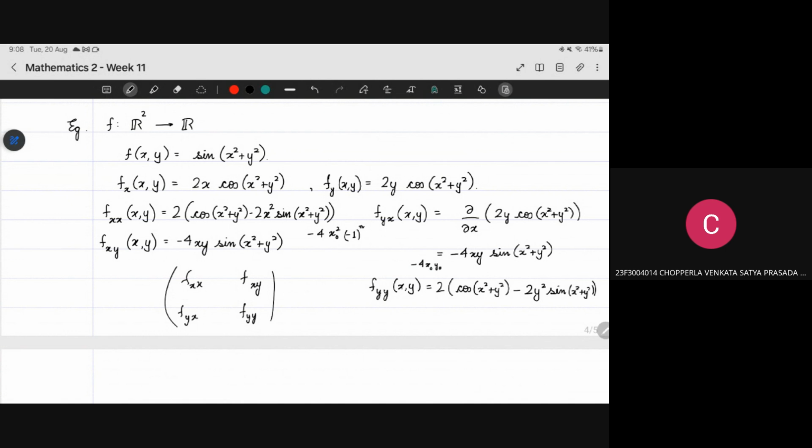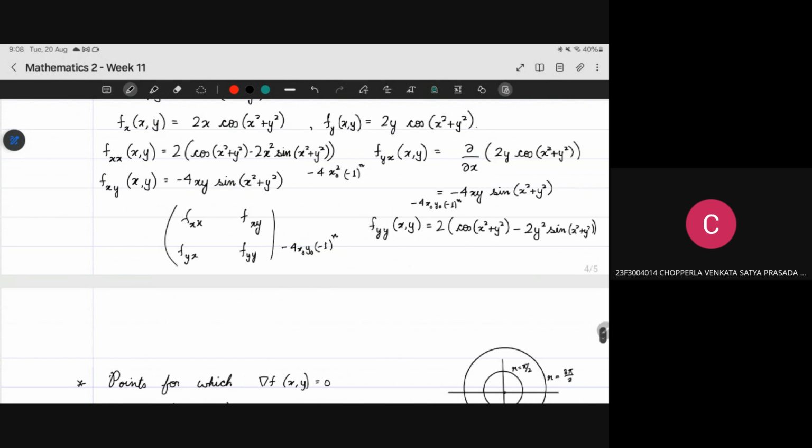Let x naught y naught be some point with these values is what I'm saying. It's again minus 1 to the n. And here I'll have minus 4 y naught square minus 1 to the n. Everything has a minus 1 to the n.